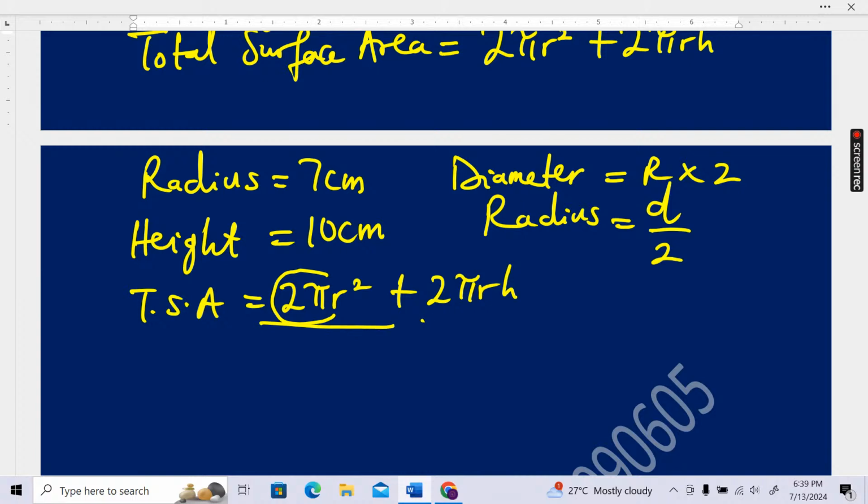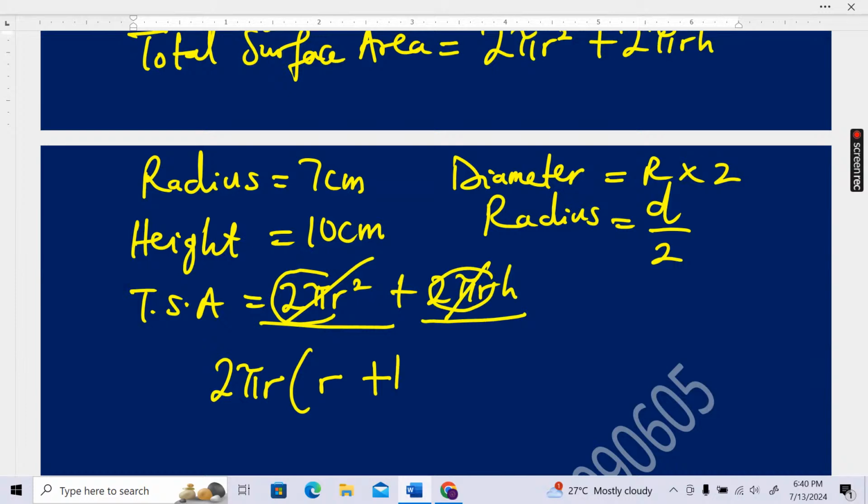Then 2 pi r is also in the second term, on the right of the plus sign. Since they are common, I would say 2 pi r into bracket. So I'm going to take 2 pi r off this first term. I'll be left with r plus, I'll take 2 pi r off this next term.